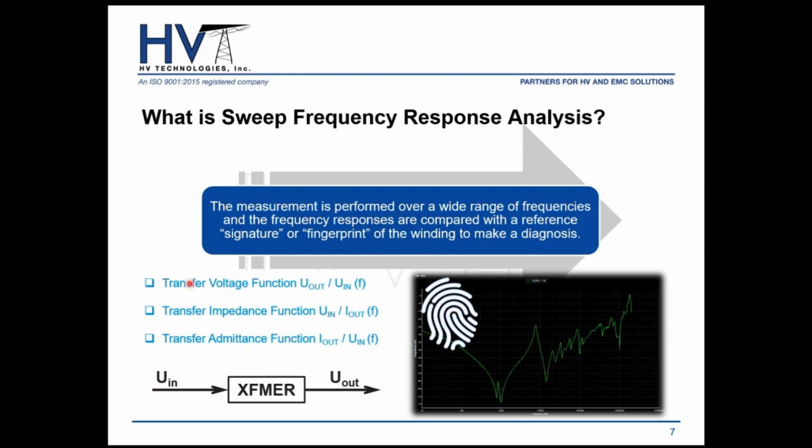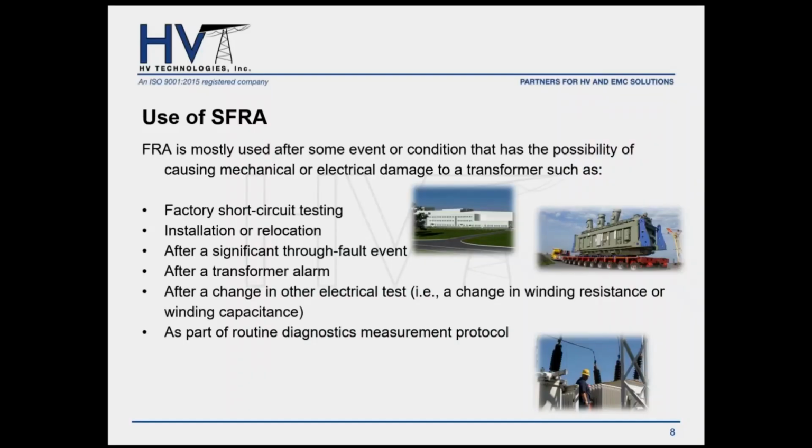Like I said, usually we would talk about a transfer voltage function where we're reading the output voltage compared to the input, and then you'll get this characteristic curve. Obviously, the shape of the curve will vary depending on the winding configuration, but it is a unique fingerprint or signature for that transformer.